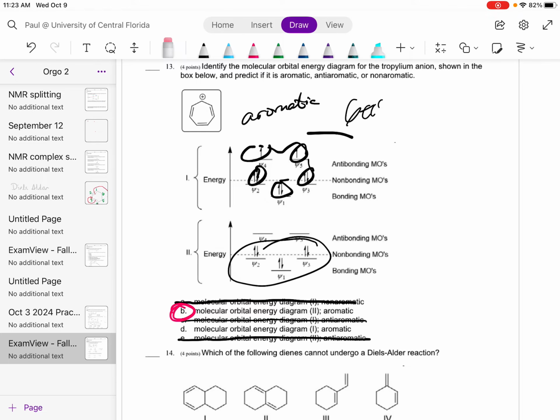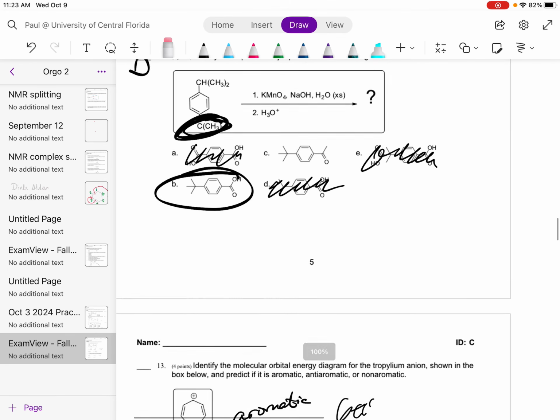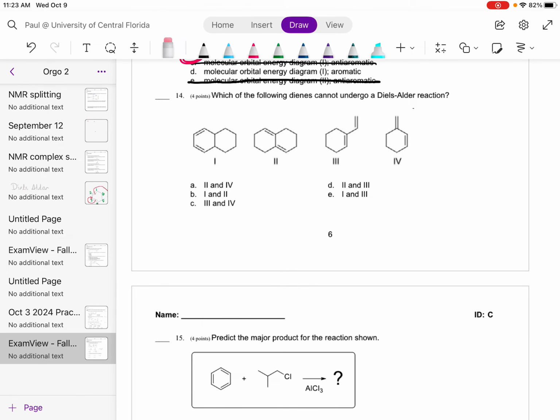Number 14. Which of the following dienes cannot undergo Diels-Alder? Well, we need to remember that they need to be in the S-cis conformation. When we look at the S bond, which stands for single, in the diene, we're looking at that bond, that bond, that bond, and that bond.